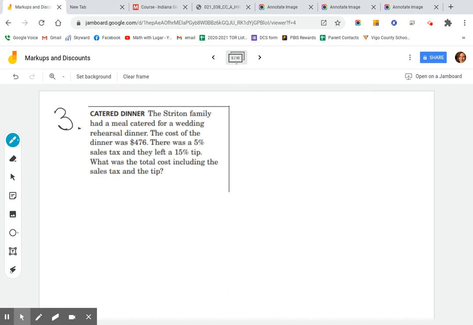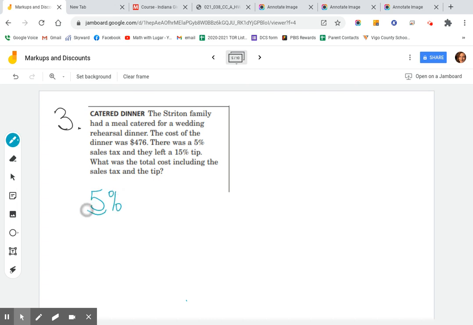Let's do one more. The Stratton family had a meal catered for a wedding rehearsal dinner. The cost of the dinner was $476. There was a 5% sales tax, and they left a 15% tip. What was the total cost, including the sales tax and the tip? We have to do this in a few separate pieces. We're going to work on the sales tax first. So the sales tax was 5%.